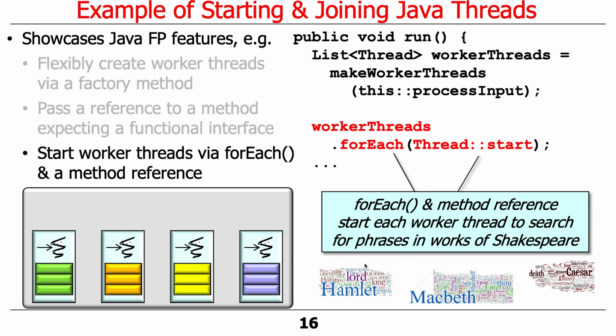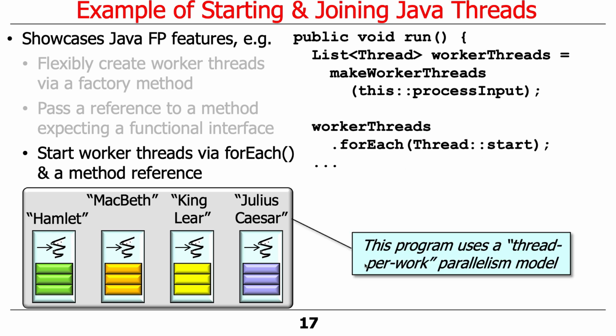I'll show you some examples of the how-to-do-it thing that are going to get you into trouble if you're not careful, because it requires great attention to detail, and we get tired sometimes and don't have enough attention to detail. So what's happening here is there's a thread created for every work of Shakespeare. So this is an example of a thread per work, work being work of Shakespeare, thread per play, if you will, embarrassingly parallelism model.